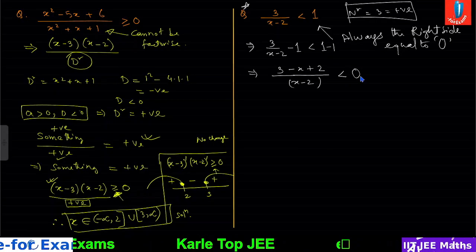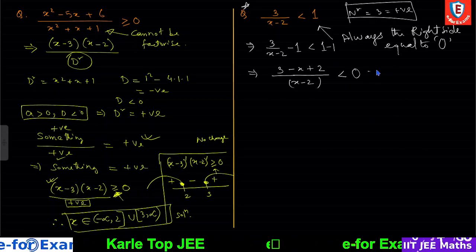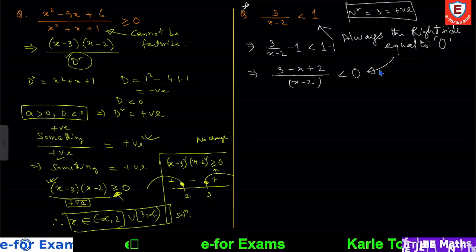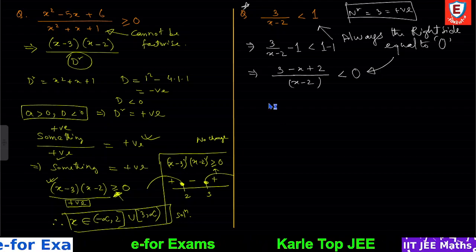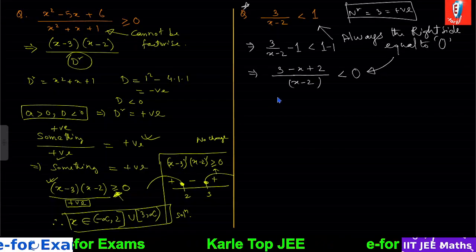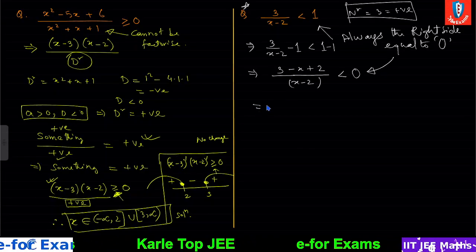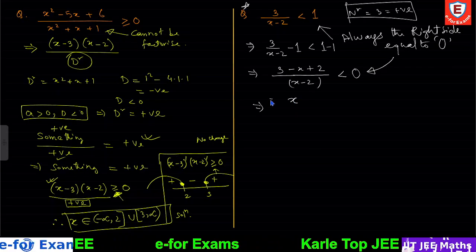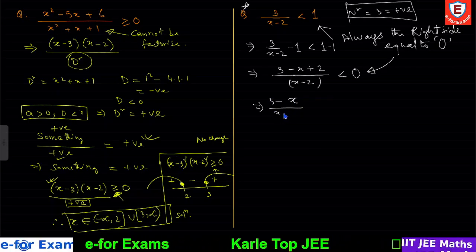Minus 1 minus 1 is 0, right? So we make the right side equal to 0. Always make the right side equal to 0. Now 5 minus x by x minus 2.